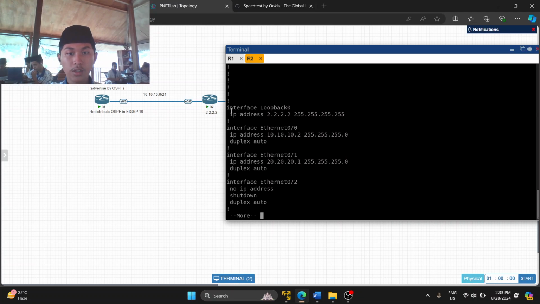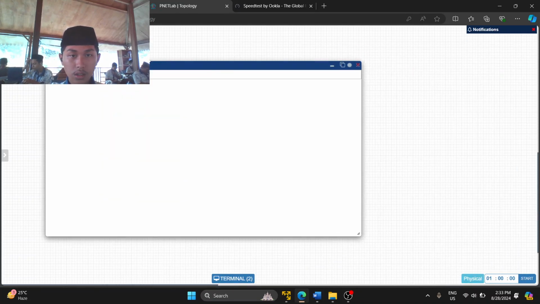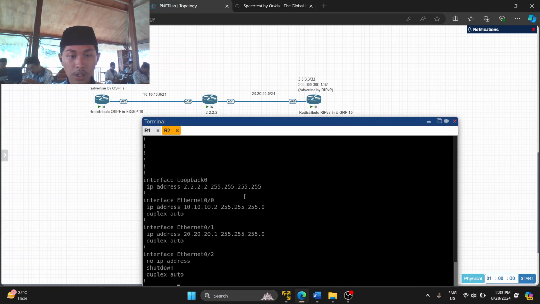First, we have the interface loopback 0 with the IP address 2.2.2.2 prefix 32, and then interface E0/0 connected with router 1 using IP address 10.10.10.2 prefix /24. And then we have interface E0/1, this one, connected with router 3 using IP address 20.20.20.1/24.